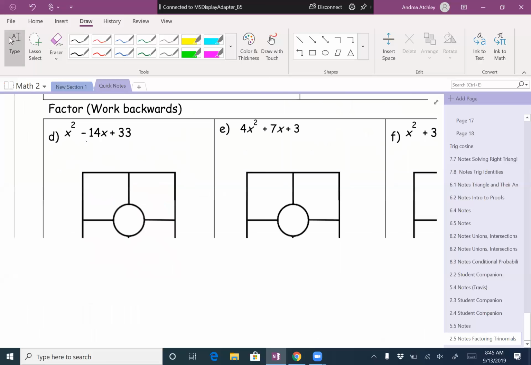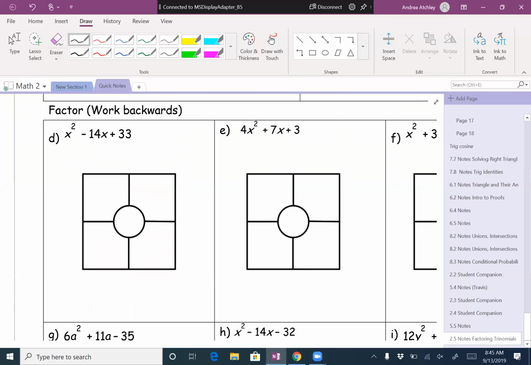So we're going to do D here. It is the area, so it goes in that diagonal: x squared minus 14x plus 33. Now, again, where you place all the terms is very important. The squared variable is always going to be in that top left-hand corner.